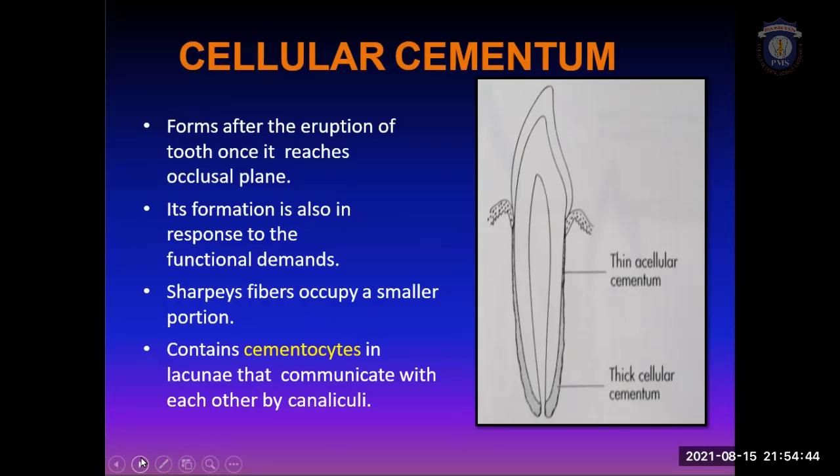Since this is formed after the tooth is firmly formed, the Sharpey's fibers occupy only a small portion. But due to the rapid formation of the cementum under functional demands, the cementoblasts secrete cementum on all sides, and ultimately get entrapped within the cementum.